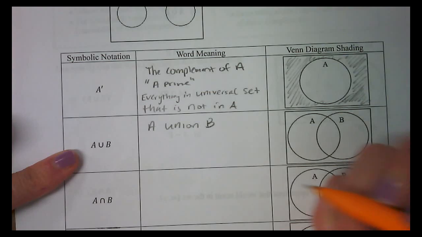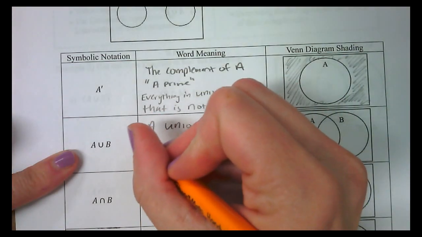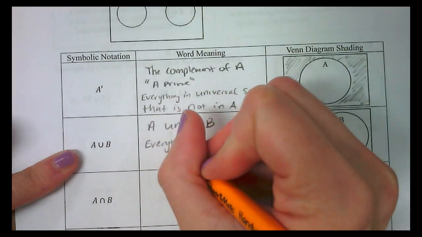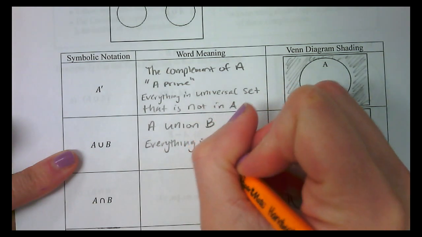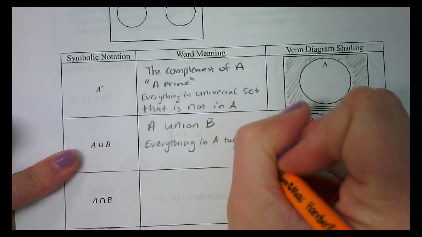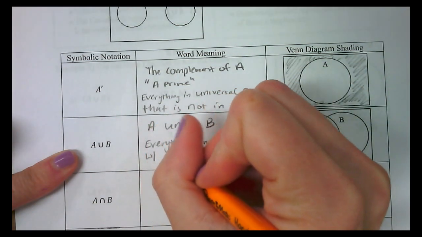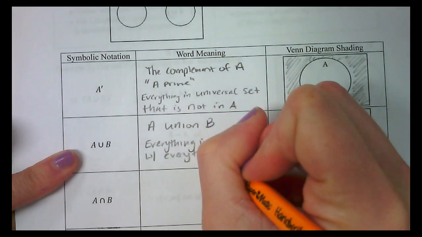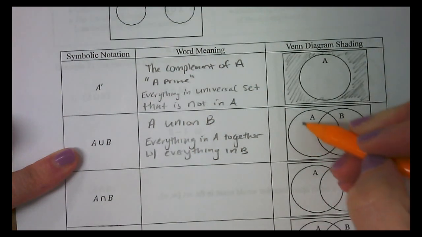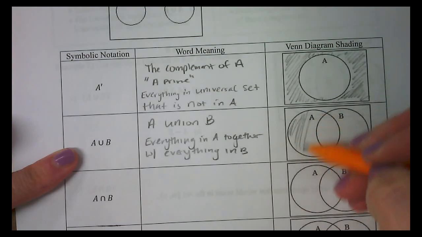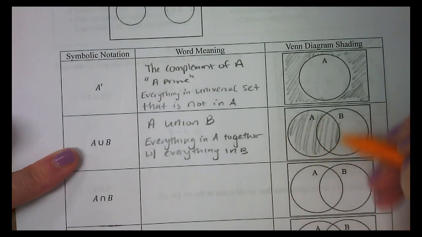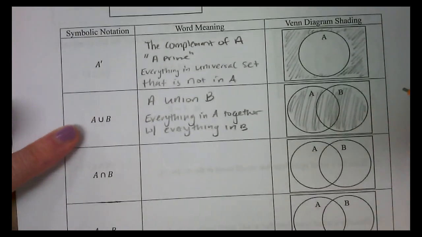Okay, A union B. That means everything in A and B together. So everything from A and everything that's in B together.